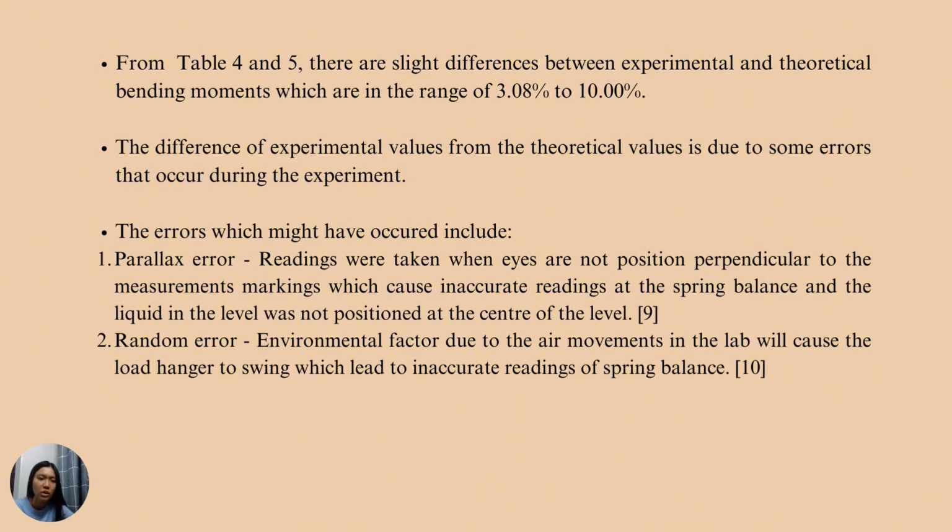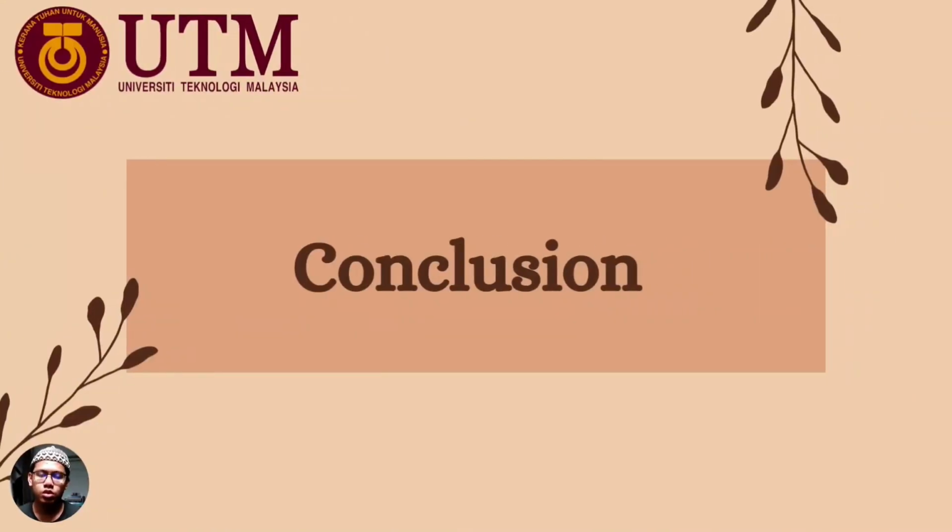Number two, random error due to environmental factors. The air movement in the lab will cause the load hanger to swing, which leads to inaccurate reading of the spring balance as well.